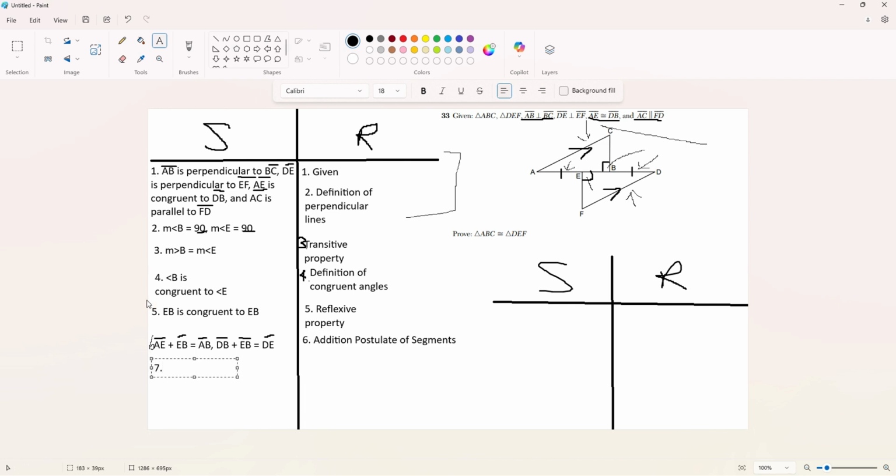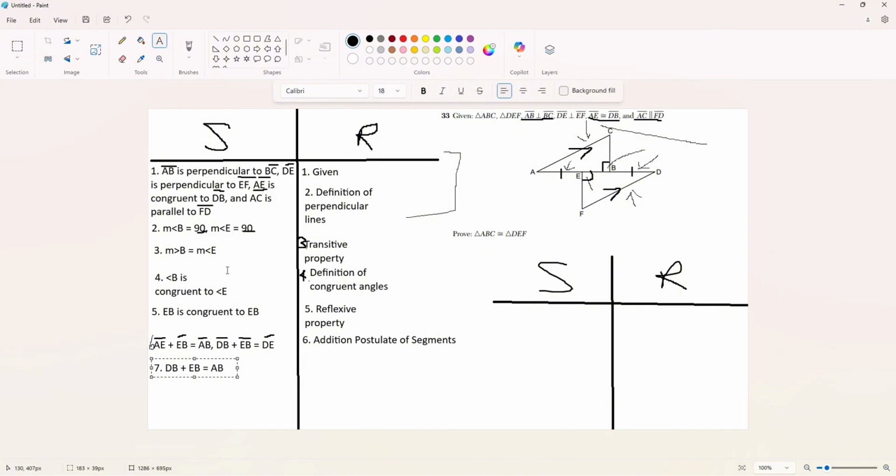Alright, up to number 7. Now we can substitute AE by DB. As in our given, it tells us that AE is congruent to DB. So now let's substitute it in. DB plus EB is equal to AB.